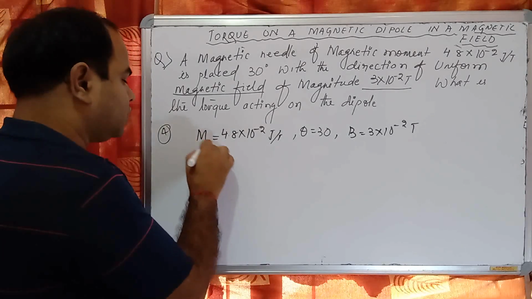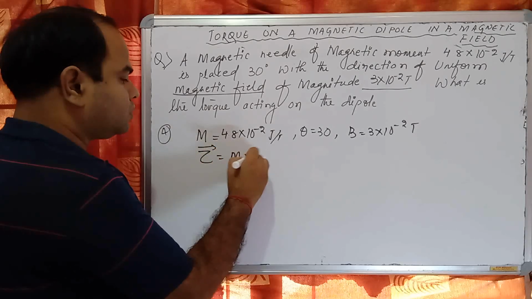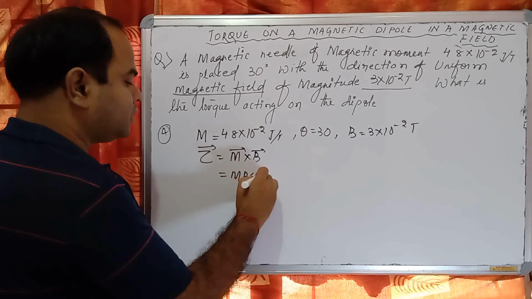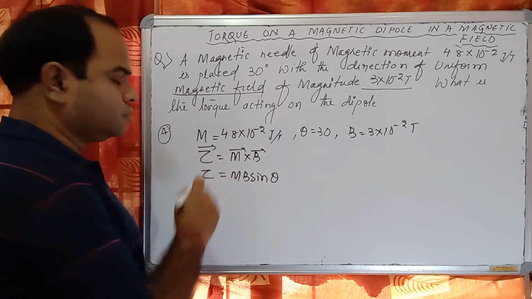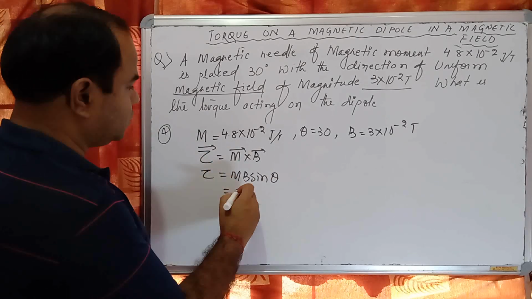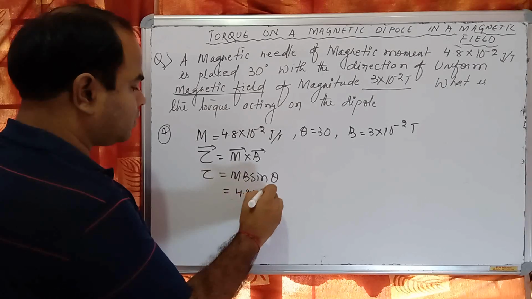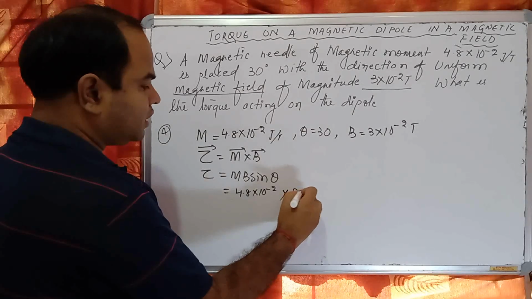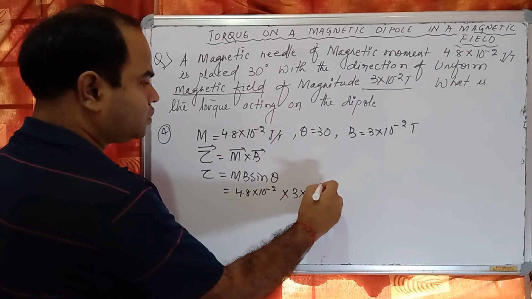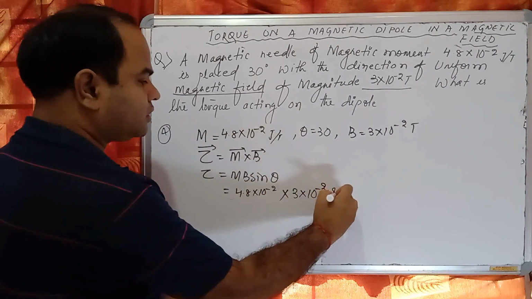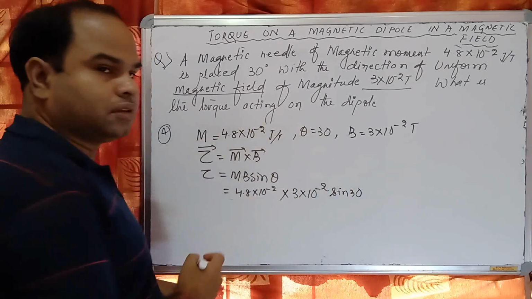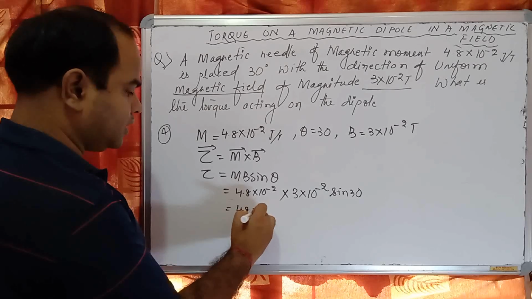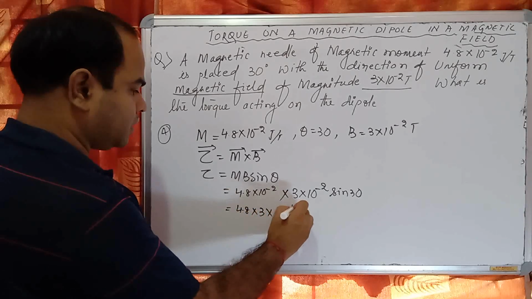So torque tau is equal to m cross B, or that is mB sin theta. m is 4.8 into 10 to the power minus 2, B is 3 into 10 to the power minus 2, and this is sin 30. So this is 4.8 into 3 into 10 to the power minus 4.